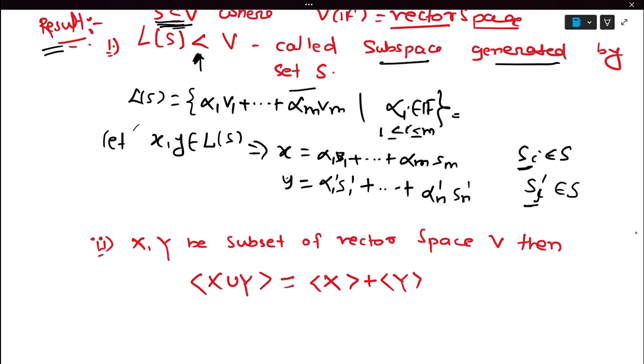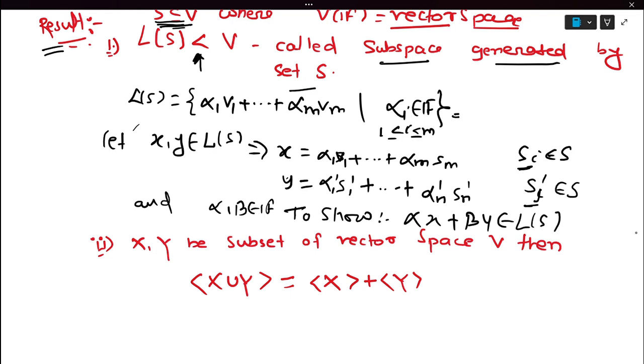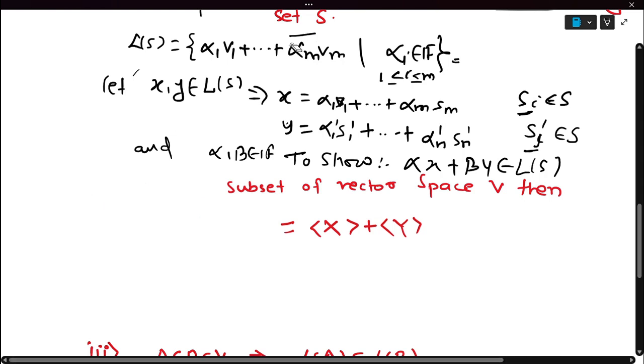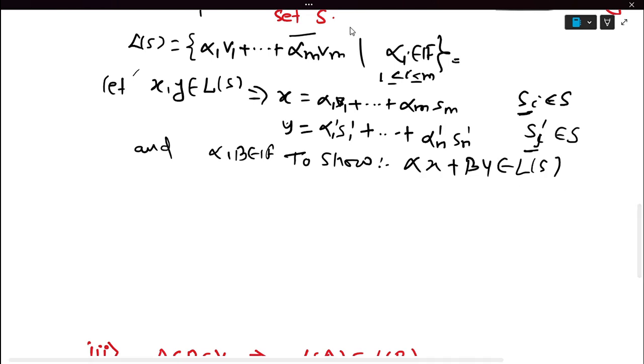So take any elements alpha, beta belonging to the field, and we have to show that alpha x plus beta y belongs to L(S). We need to show this one. Okay, I will erase this statement and write it again. So we need to show this statement.